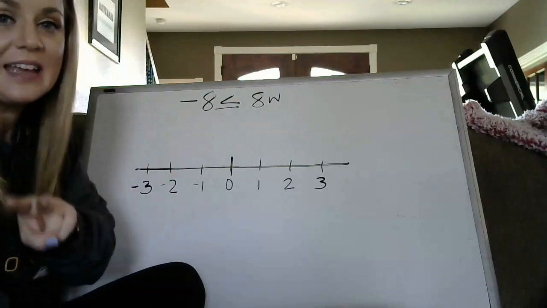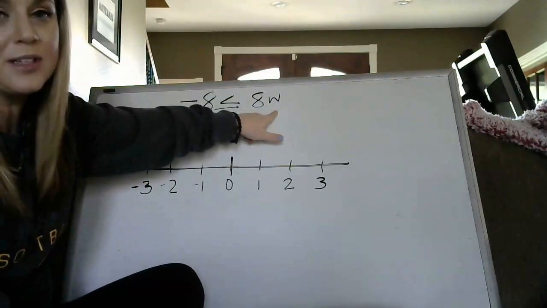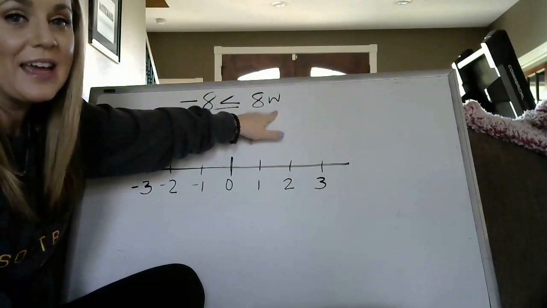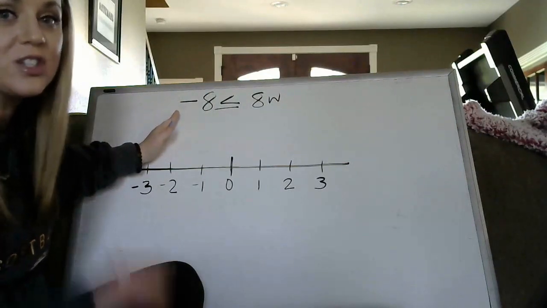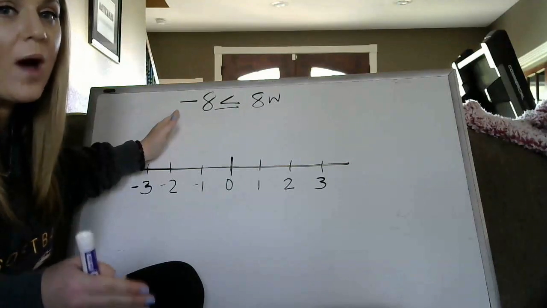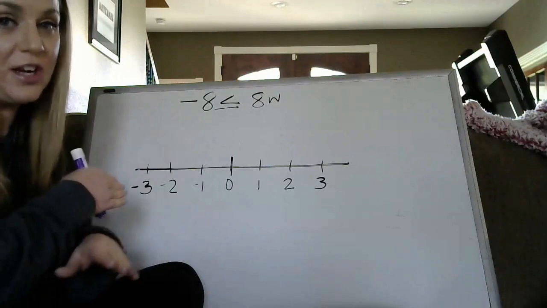The second thing that is different is that my variable is on the right side of the inequality. We really like to have the variable on the left side in an inequality. It's just easier to read and understand, okay? So we'll solve for w, and at the end we'll switch it.